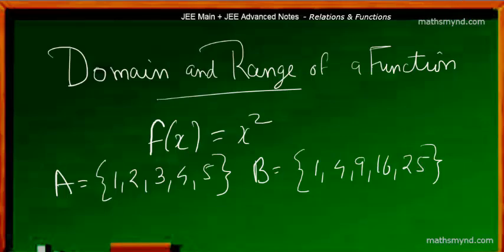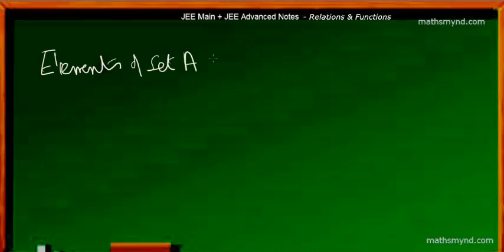Now the important point is that here the elements of set A, that is 1, 2, 3, 4, 5, would be forming the domain of that particular function.